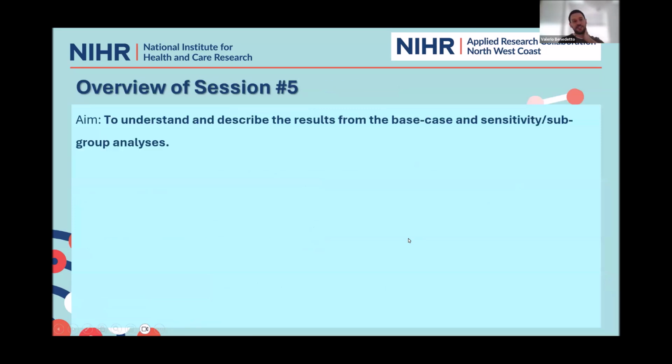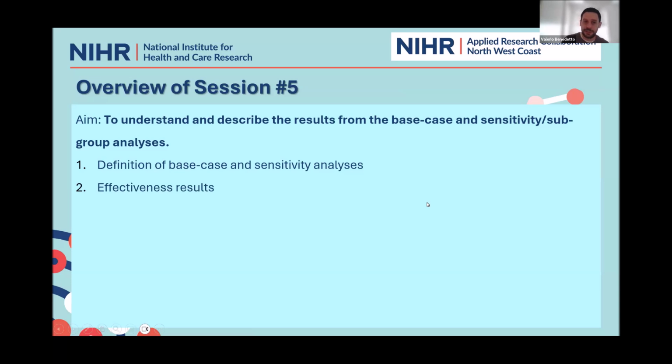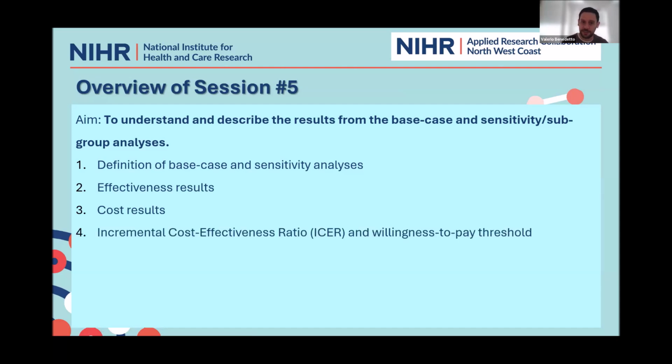The aim of today's session is to understand and describe the results from the base case and the sensitivity subgroup analysis, and we will look at different things. First of all, I'm going to give you a quick definition of base case and sensitivity analysis. Then I will talk about the effectiveness results, the cost results in isolation, and then Andy will bring everything together and talk about the incremental cost effectiveness ratio and the willingness to pay threshold.